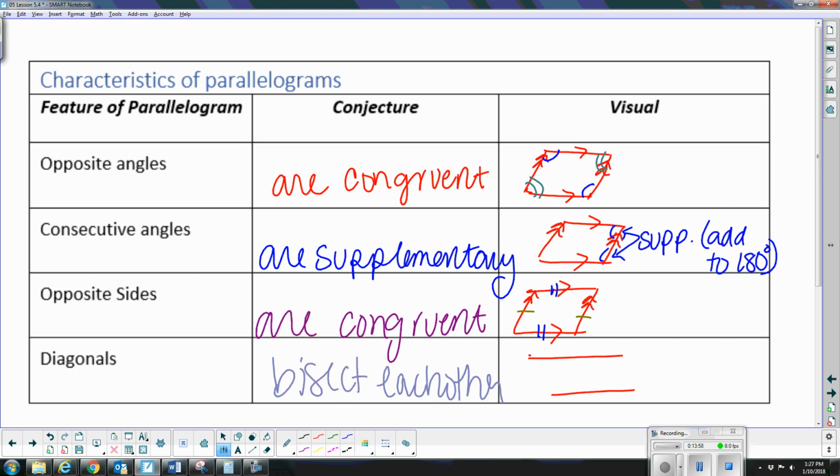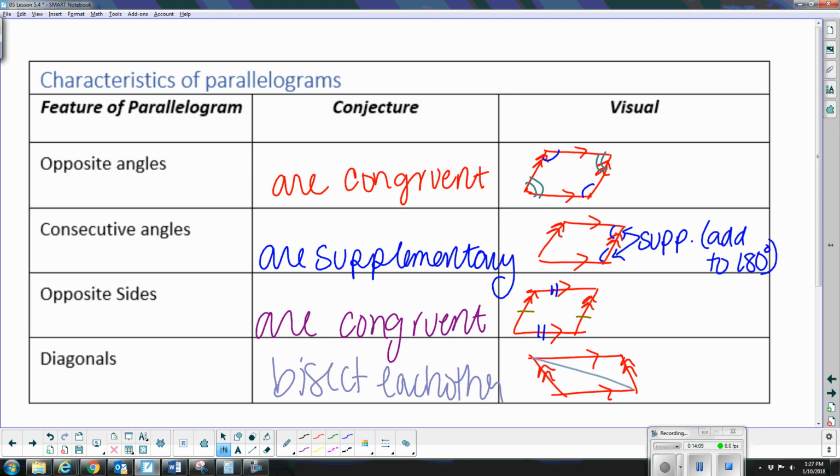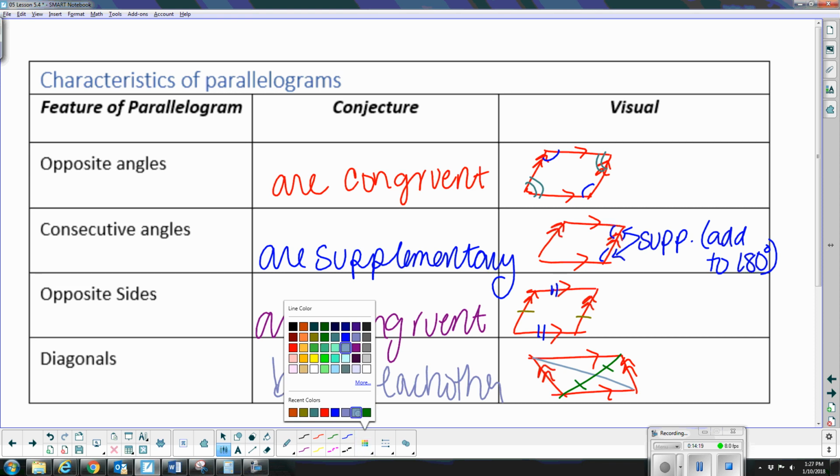So here's your parallelogram. Here are your diagonals. And those two diagonals bisect each other.